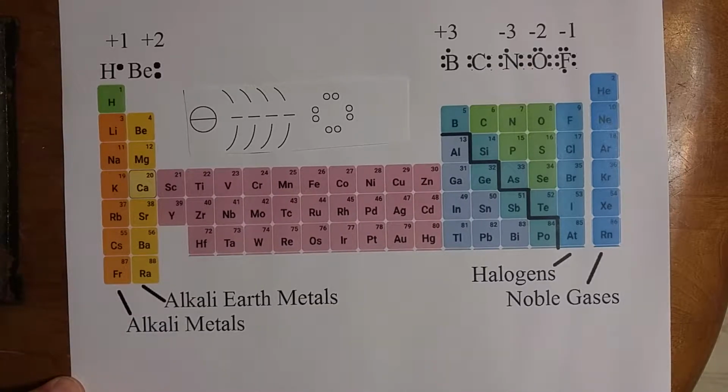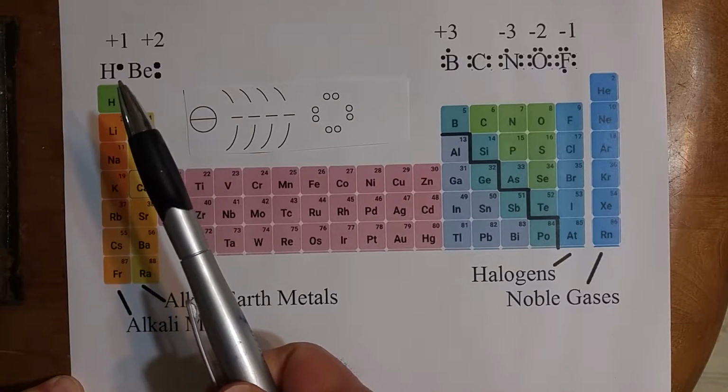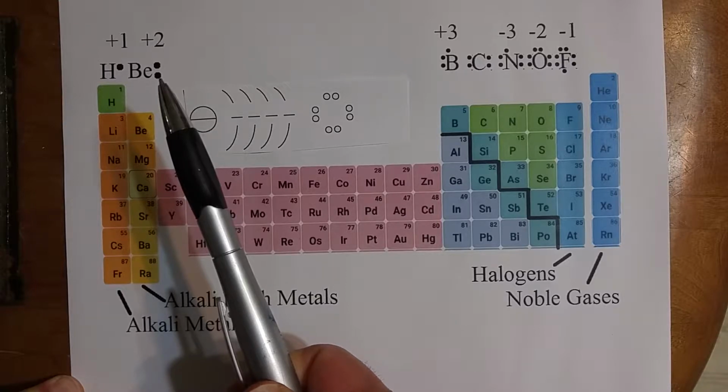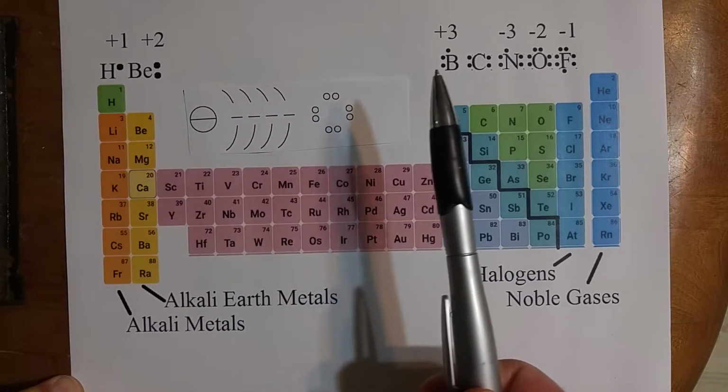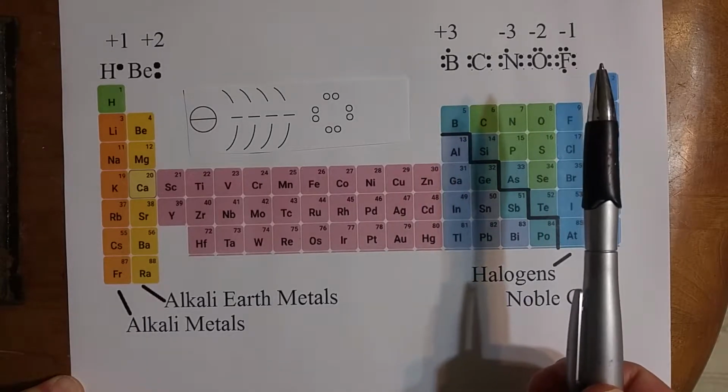We now have discovered some patterns we've seen on the table. We've noticed that when we do the Lewis dot diagrams, they go in a nice sequence: 1 valence electron, 2, 3, 4, 5, 6, 7, to a full shell over here.